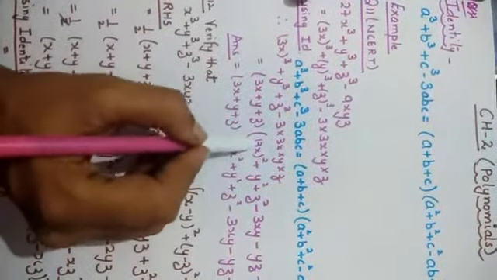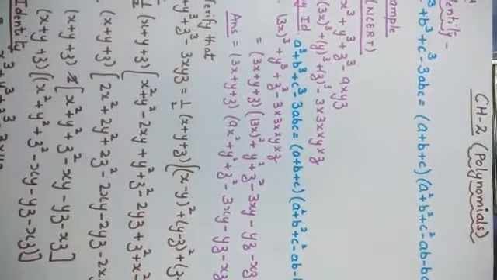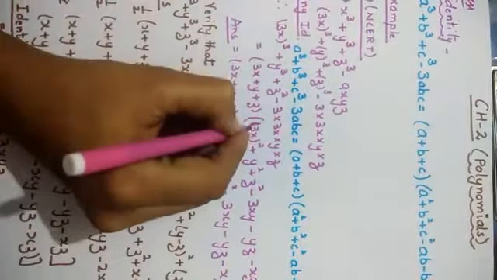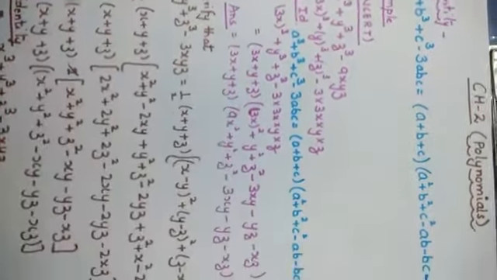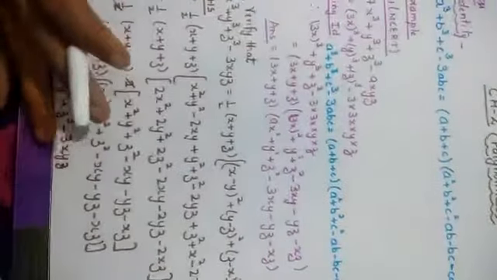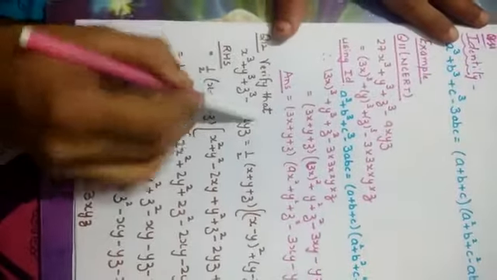In the next bracket, A will be taken as 3x whole square, in place of B it is y square, then C is z square, then minus 3xy minus yz minus 3xz. So these are the two factors which cannot be factorized further. This is the answer.